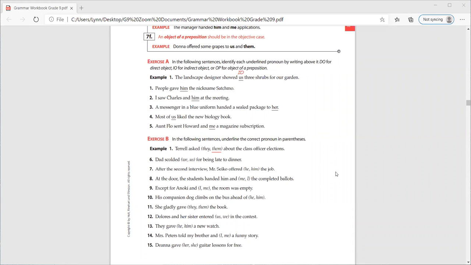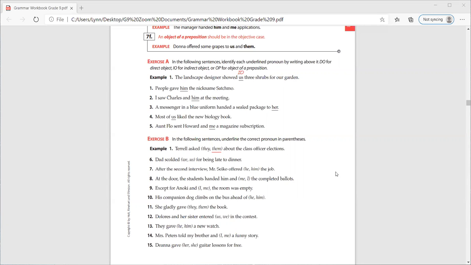I saw Charles and him at the meeting. That is going to be a direct object. Correct. A messenger in a blue uniform handed a sealed package to her. That is an object of a preposition. Correct.